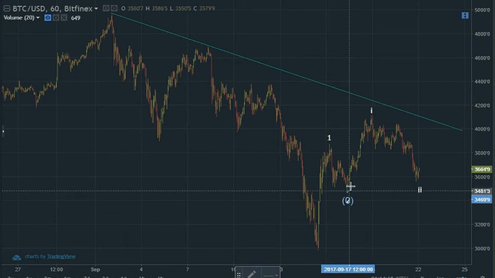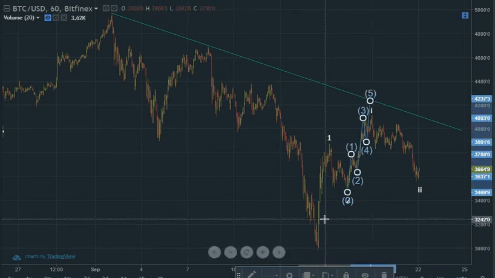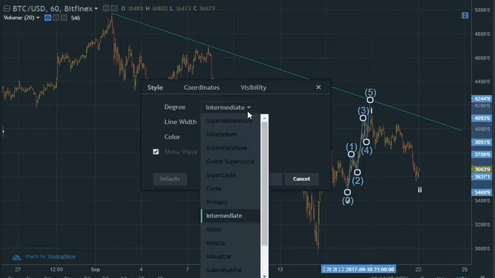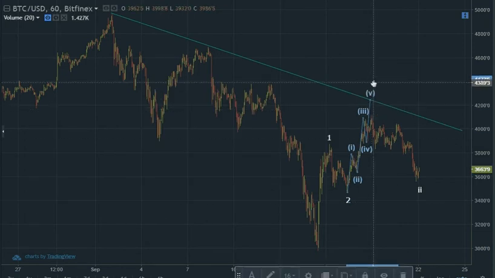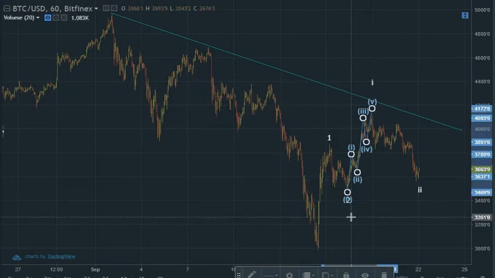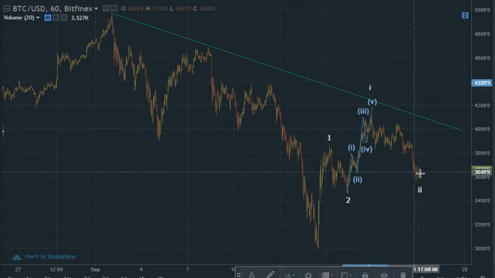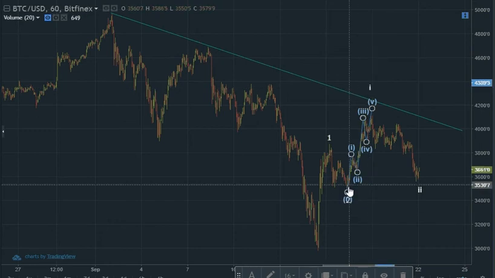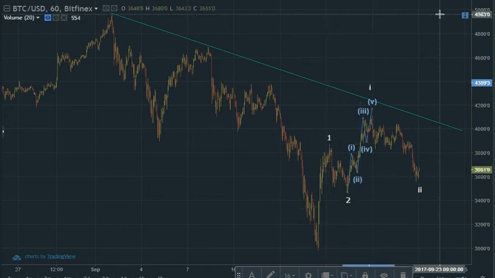I can probably draw 1, 2, 3, 4, 5. Very nice 5, very impulsive, which made me say this is 1 of 5. These 5 waves are subwaves of this 1 of 3.